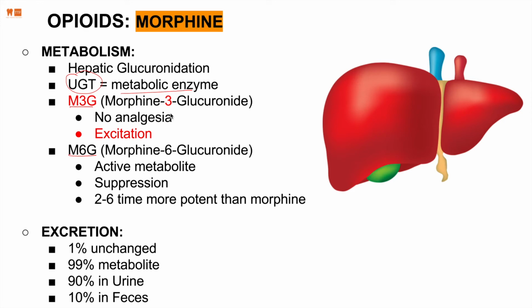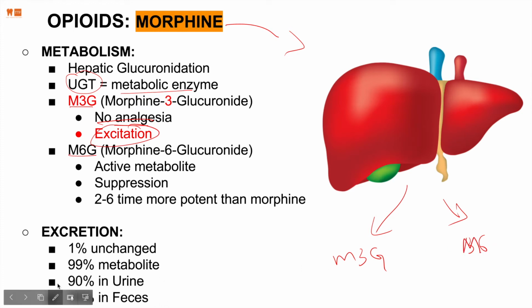So, morphine 3 glucuronide is a metabolite that has no analgesic effects. However, it causes excitation. Remember, in the liver, morphine is converted into M3G and M6G.